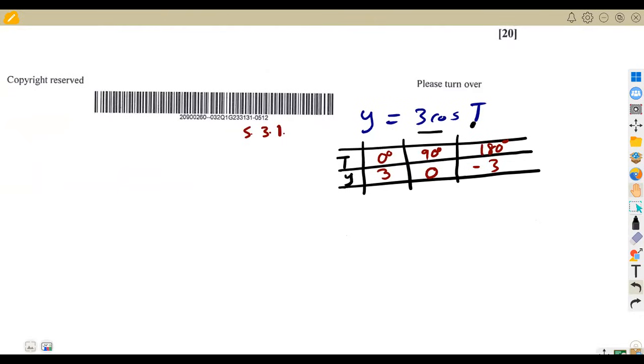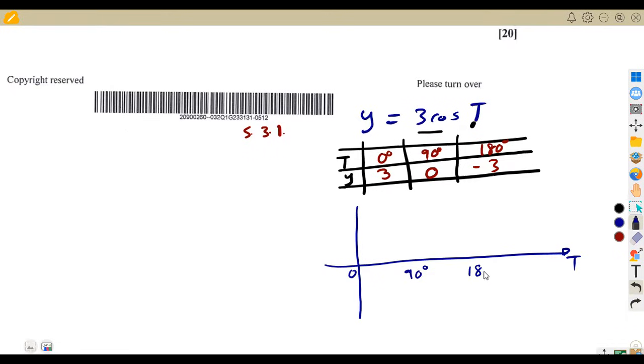So in the sketch of our graph of cosine, remember, we are taking our values from 0 to 180. So this is no longer x, this is now t. All right, from 0, we've got 90, we've got 180 degrees, and we've got 1, 2, 3, -1, -2, -3.